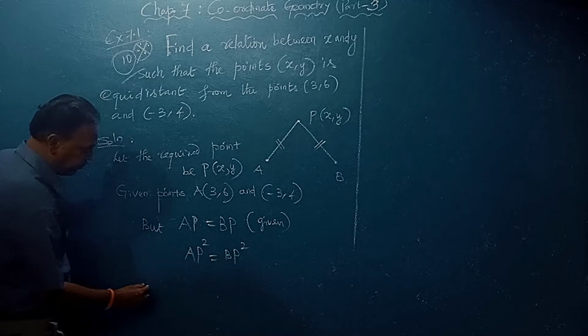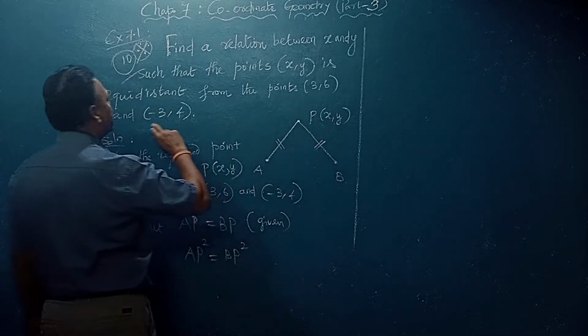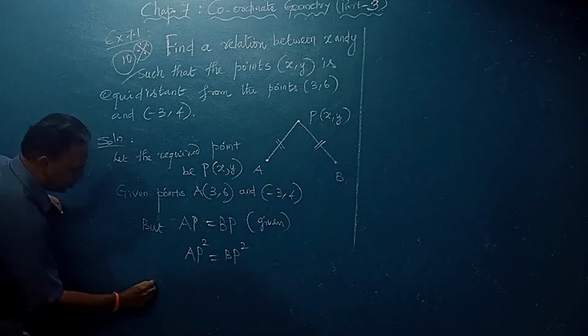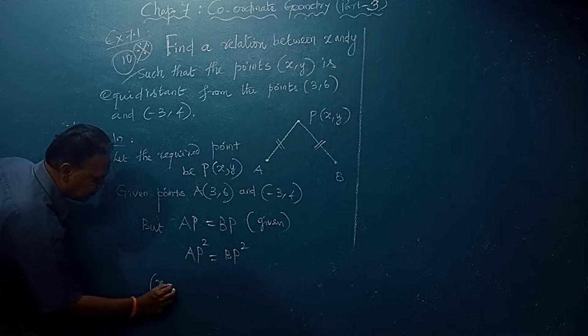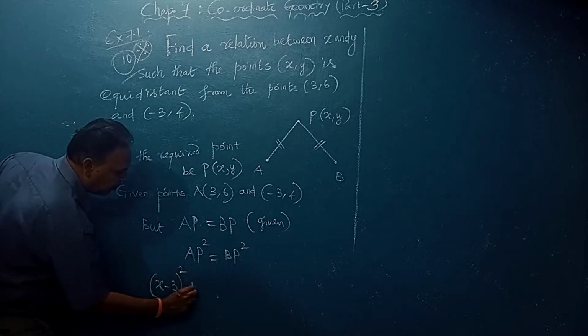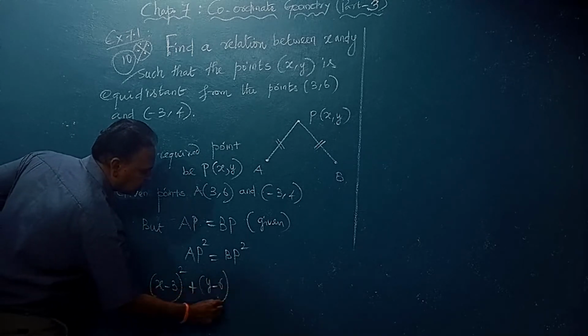So here AP means these two points, that means x minus 3. Always keep x first so that the simplification will be easy. So (x minus 3) whole squared plus (y minus 6) whole squared.